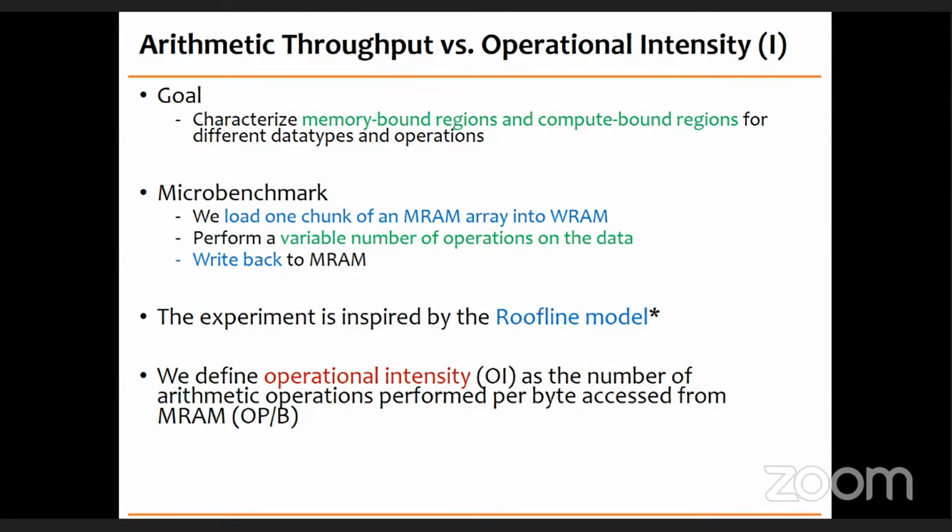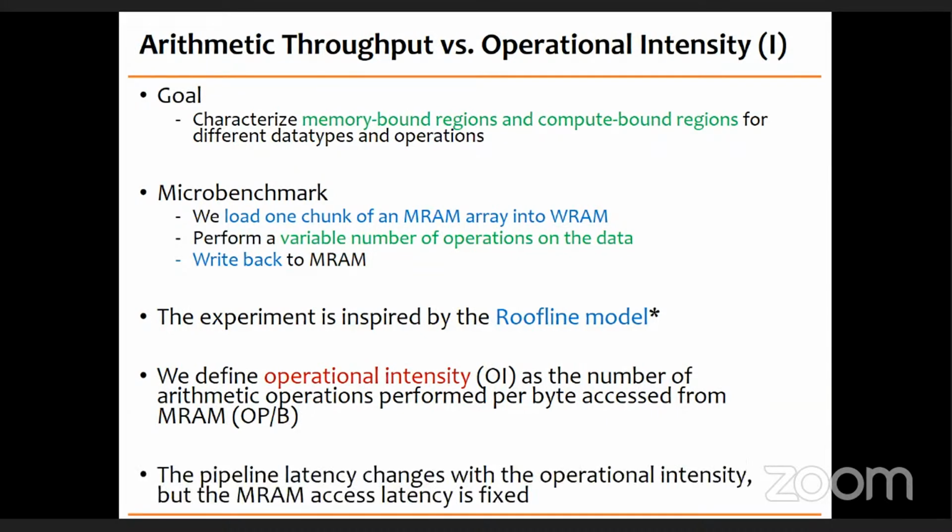In that way, we are changing the operational intensity, or arithmetic intensity, of our microbenchmark. The more additions or multiplications we perform on every individual data element that we bring from MRAM, the higher the operational intensity. This analysis is based on the roofline model, which is a very common workload characterization methodology.